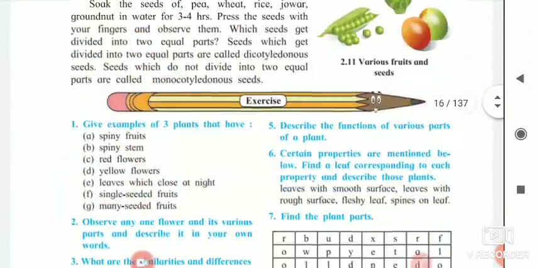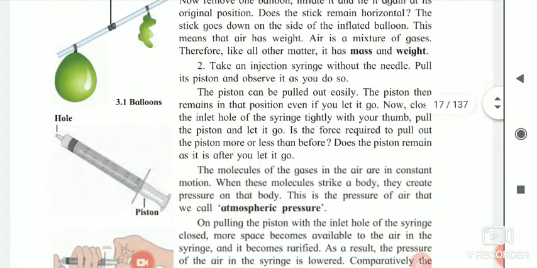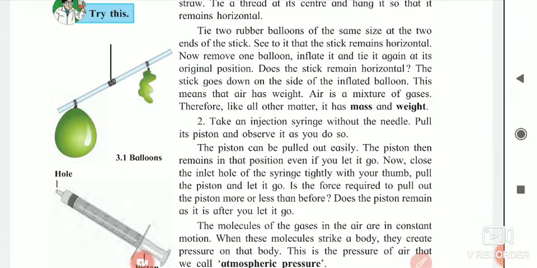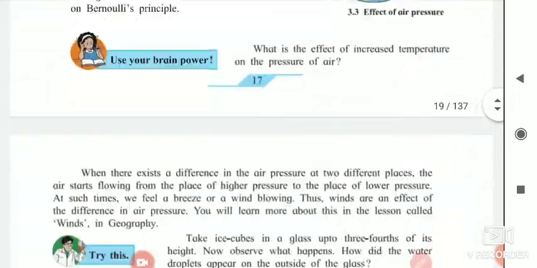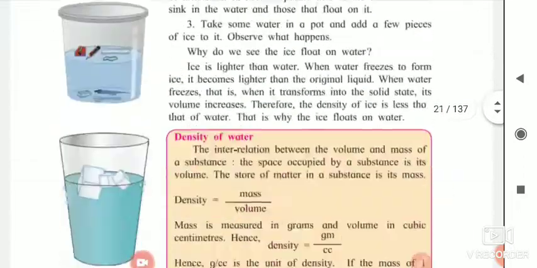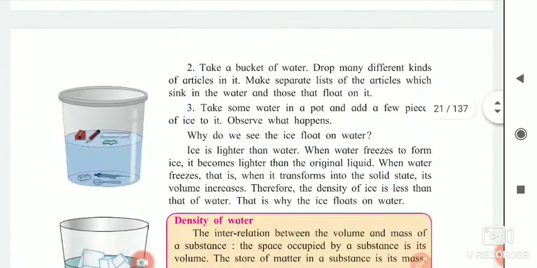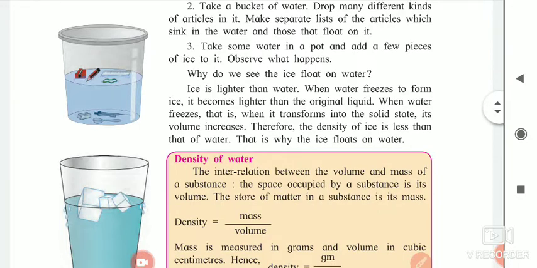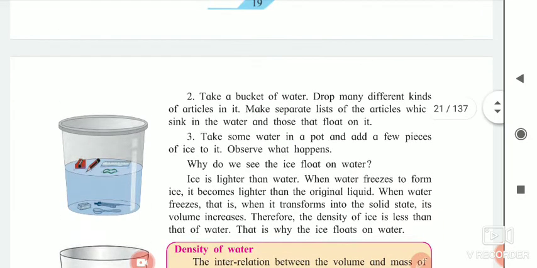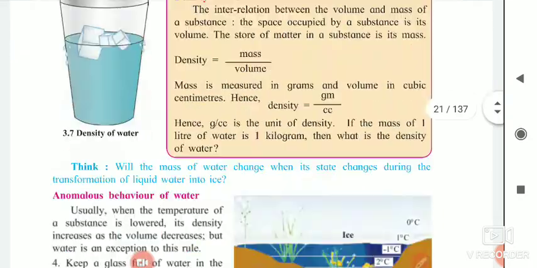Okay, then secondly you have to study the properties of the balloon, air has a mass, and do the practice of it. Next, from the next lesson I gave you the next experiment, that is the density of water, to study the density of different substances.